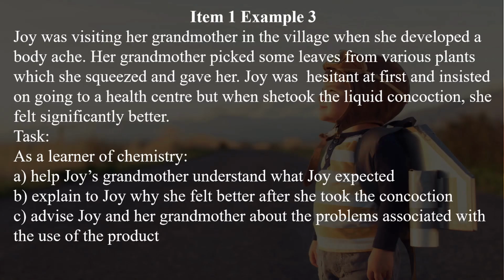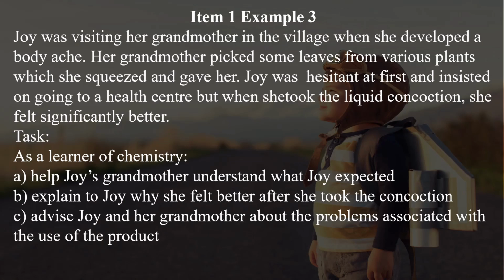Now, you also have other examples like Joy visiting her grandmother in the village. Sorry, Joy was visiting her grandmother in the village. When she developed a body ache, her grandmother picked some leaves from the various plants which she squeezed and gave her.